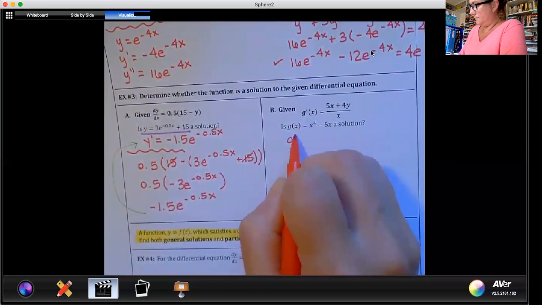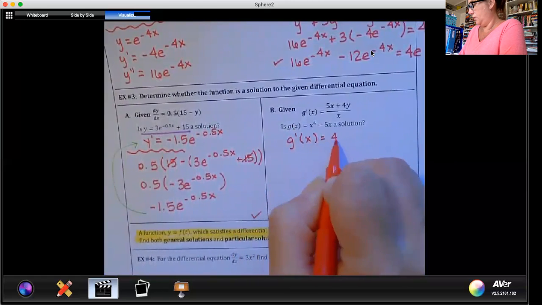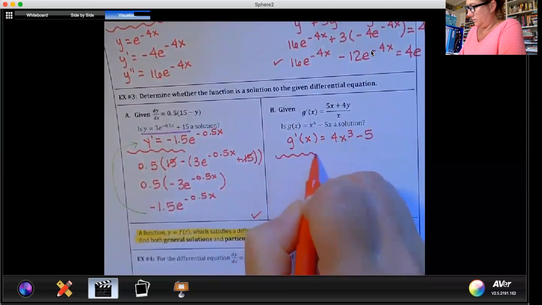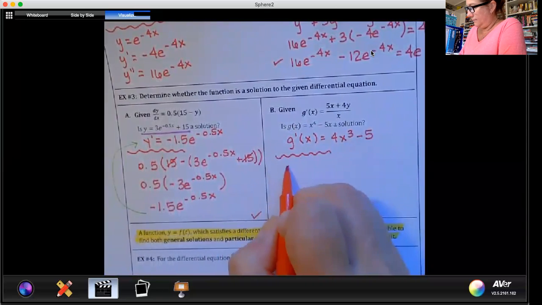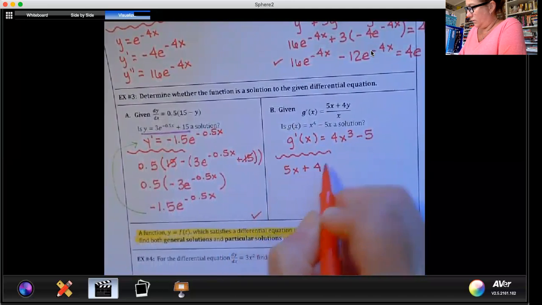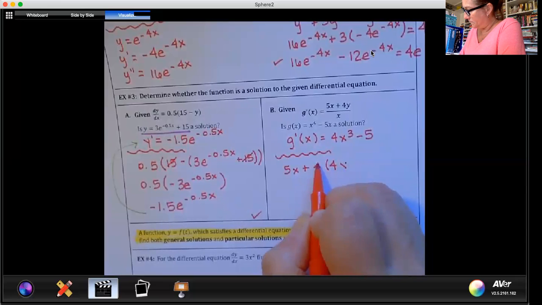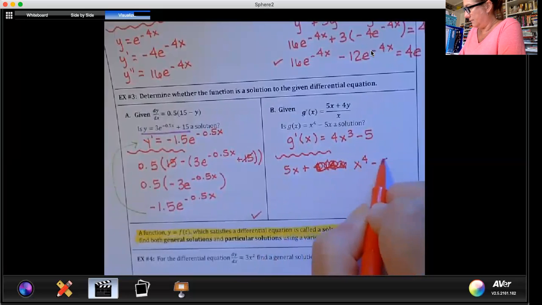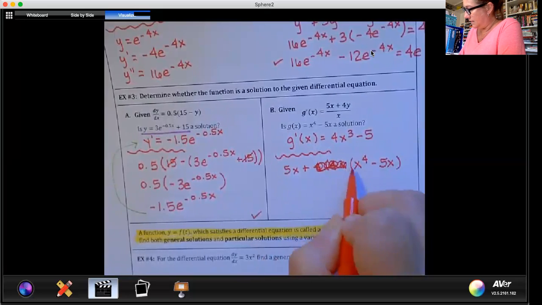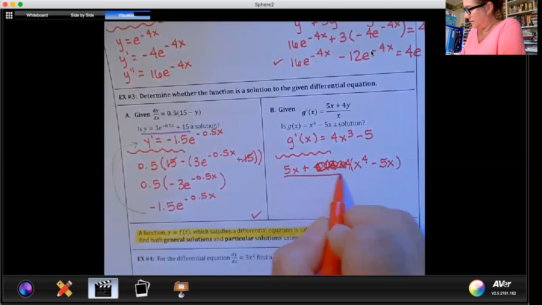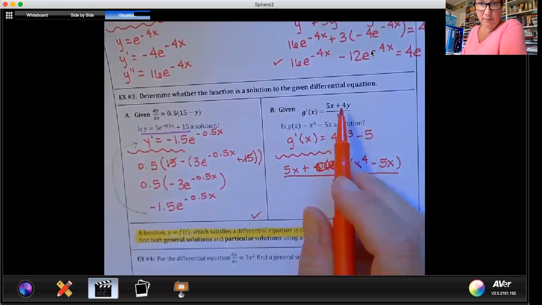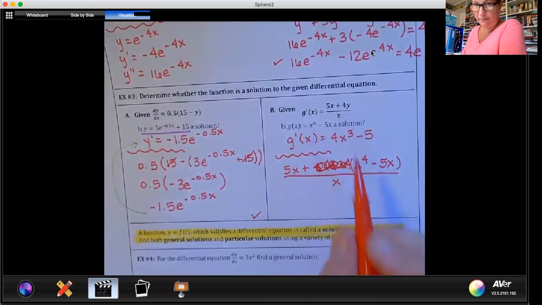Find g prime for x cubed minus 5. Plug in 5x plus 4 times y. Sorry, I plugged in the wrong thing. X to the fourth minus 5x times the 4 on the outside over x. I went to plug in the derivative. You've got to plug into the original g of x.